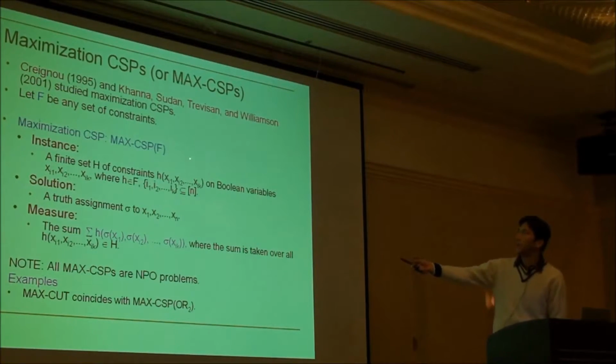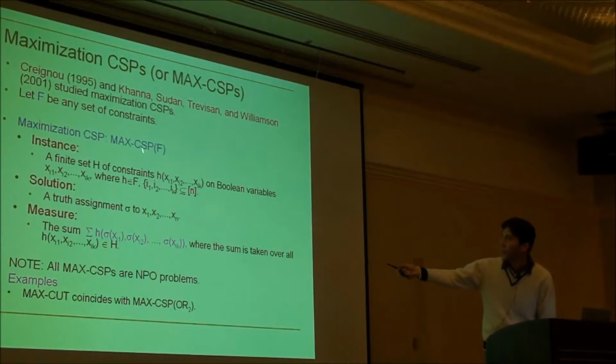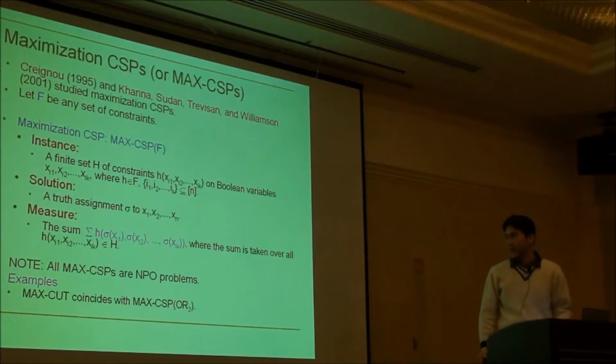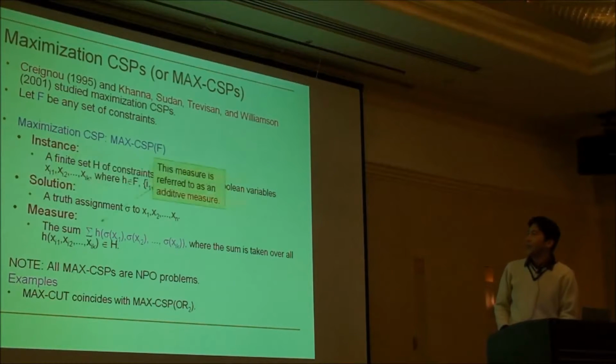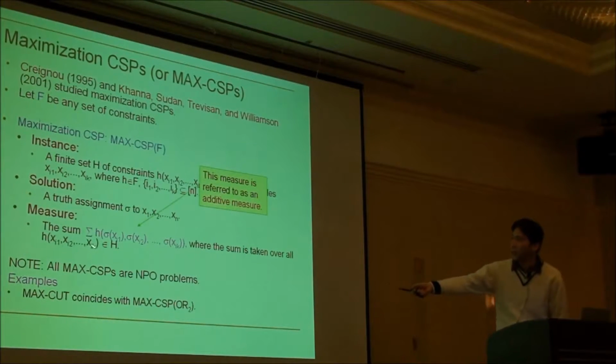We use the abbreviated term max CSP of F. One example of such a max CSP is max cut, as we see. We call such a measure an additive measure because we use the summation here.